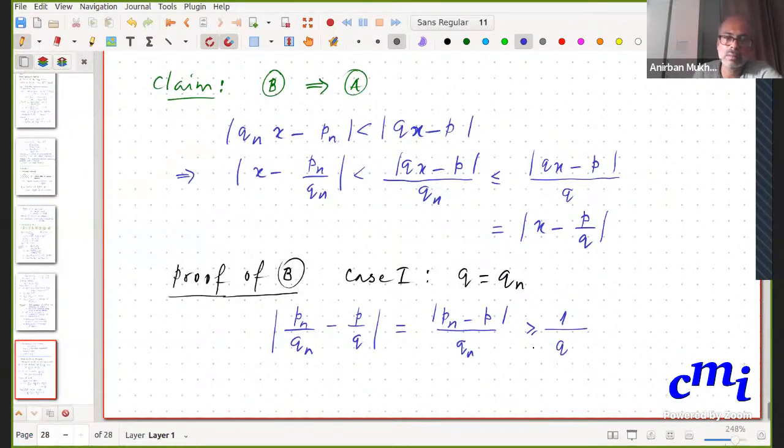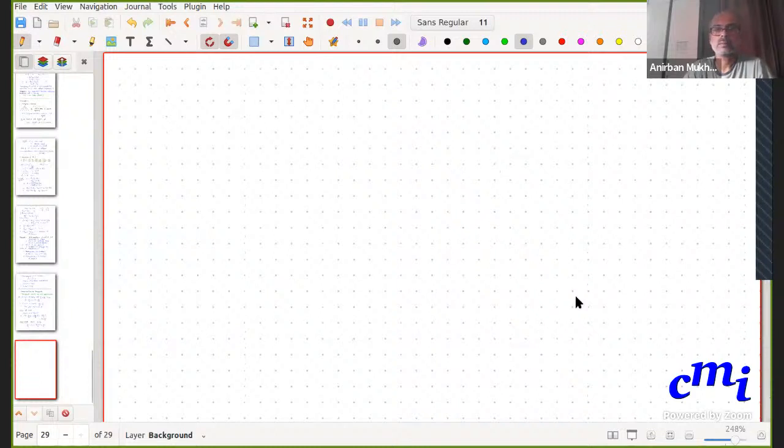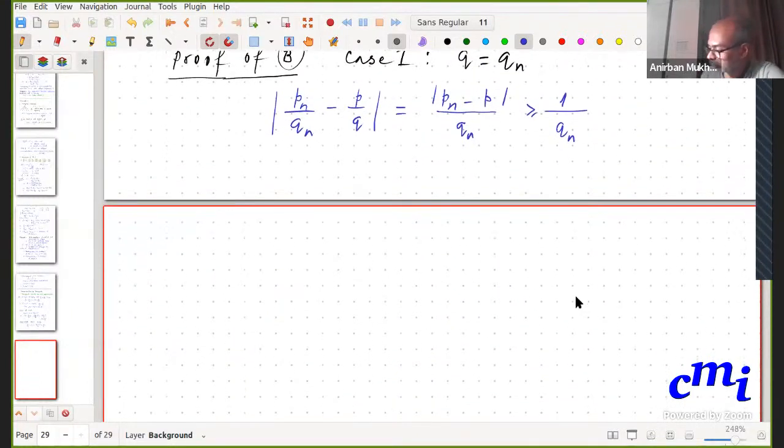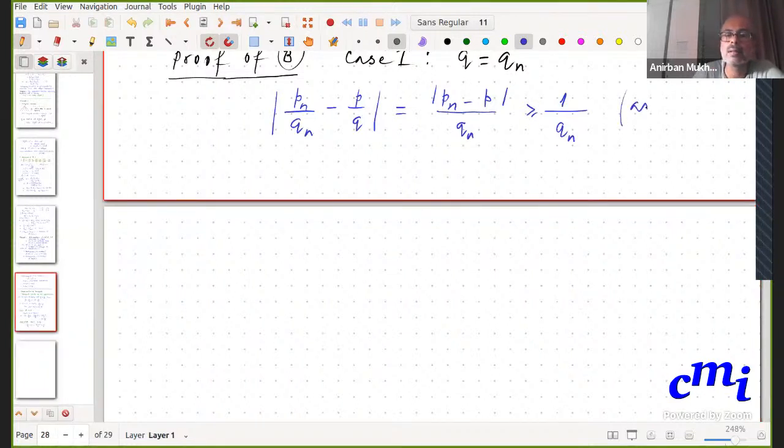Therefore this is not 0, and a non-zero integer in absolute value is at least 1. So this is at least 1 over Qn. Let's continue. As P is not equal to Pn, that's the logic.